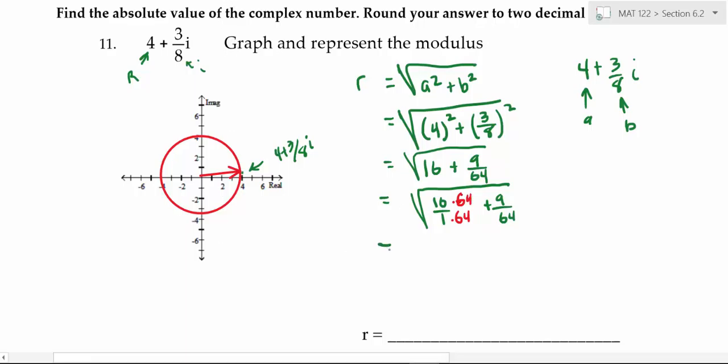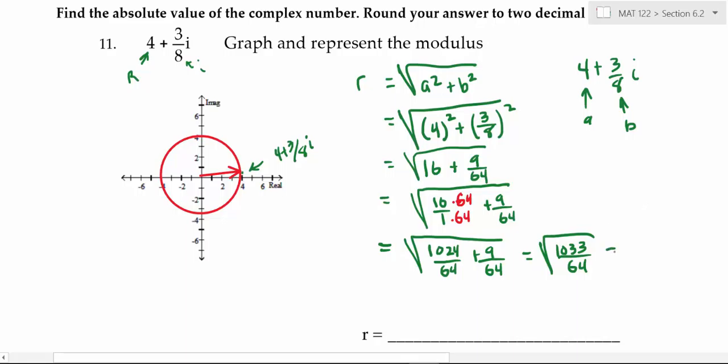So I need to multiply this by 64 over 64 to introduce that common denominator. Then, if you multiply this out, I think that's 1,024 over 64 plus 9 over 64, and this is going to be equal to 1,033 over 64 when we add the fractions. You can break this up into the square root of the numerator and the square root of the denominator. We have that square root property.